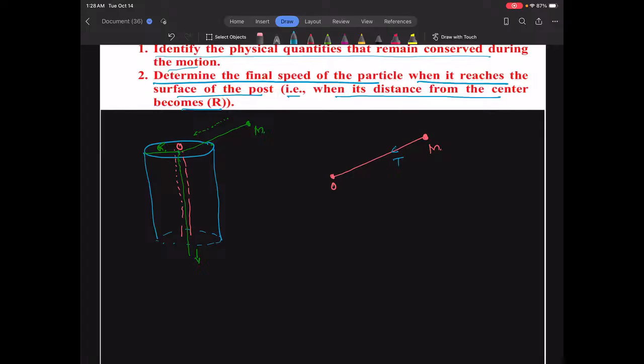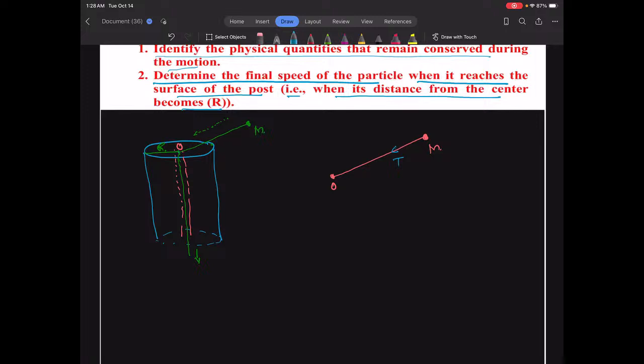First of all, we can easily find out the torque, and then we can move about the momentum, and basically it is conservation of the momentum.